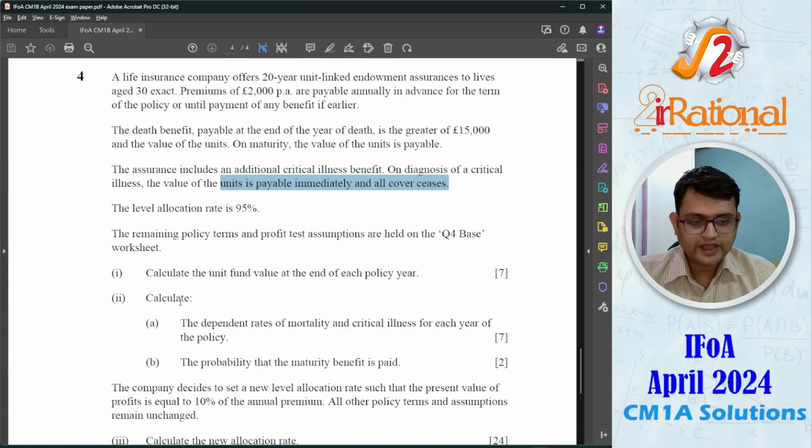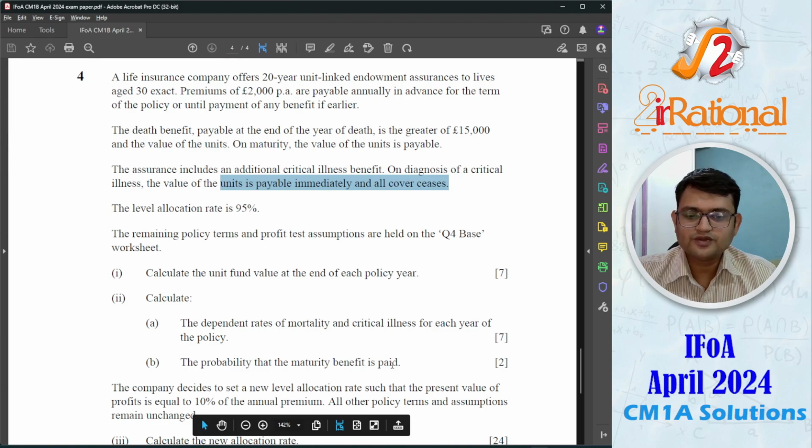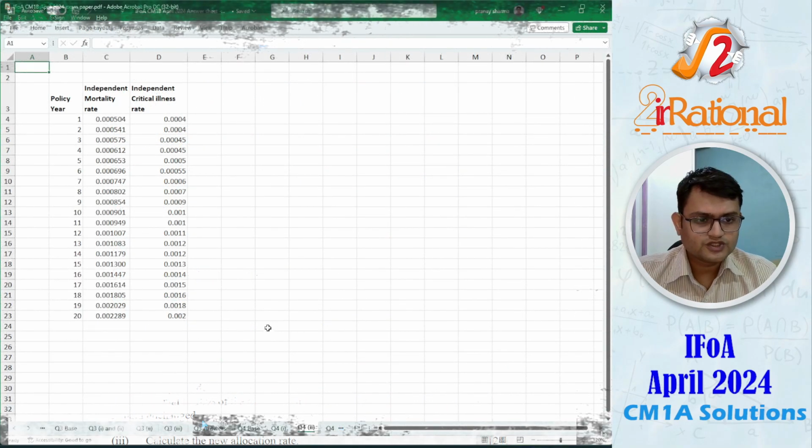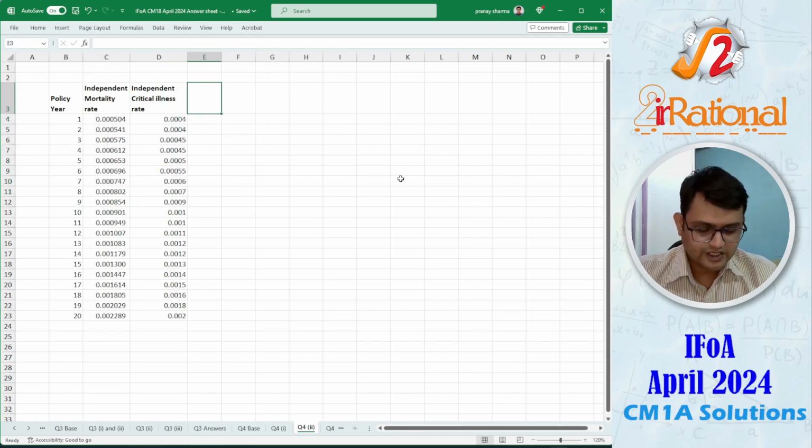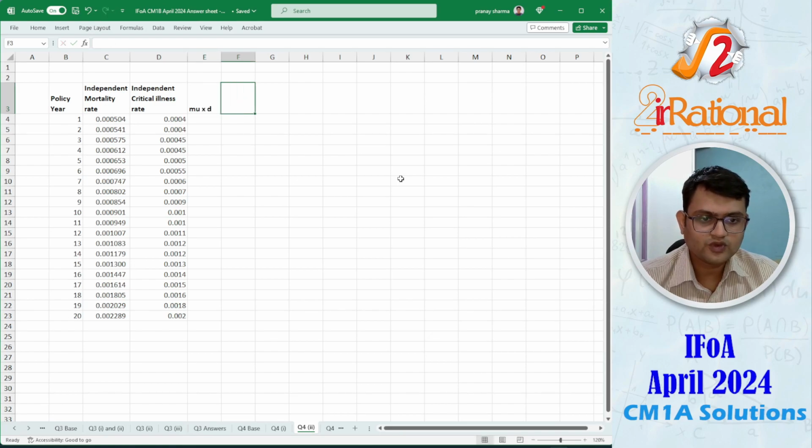Second part, calculate the dependent rate of mortality and critical illness for each year of the policy and the probability that the maturity benefit is paid. So here they have given us independent mortality rates and independent critical illness rate. So because we have both decrements, we will have to calculate the mu for each one of them.